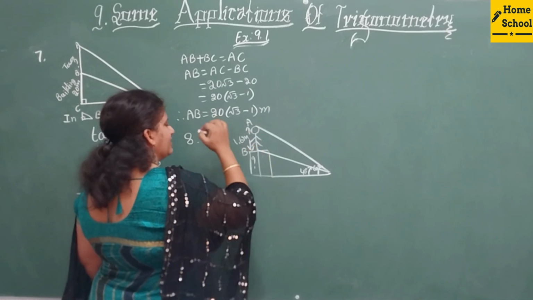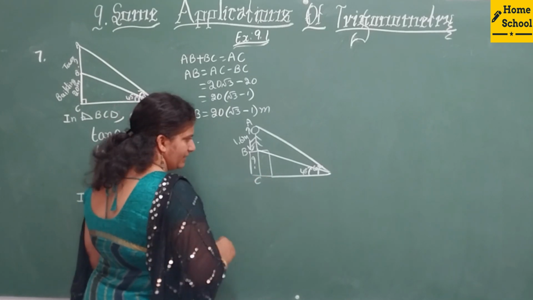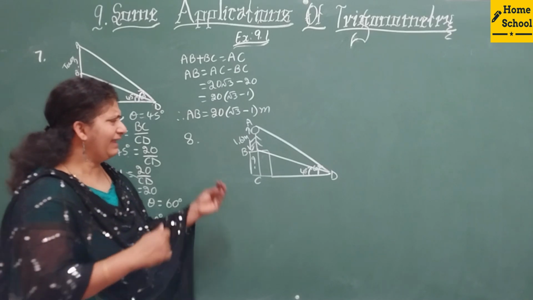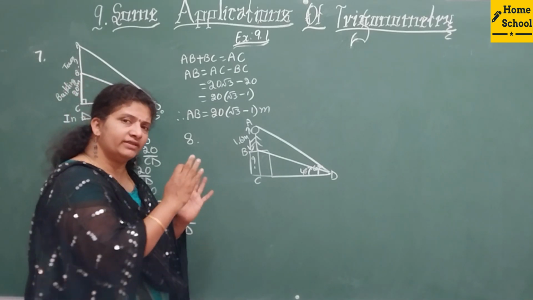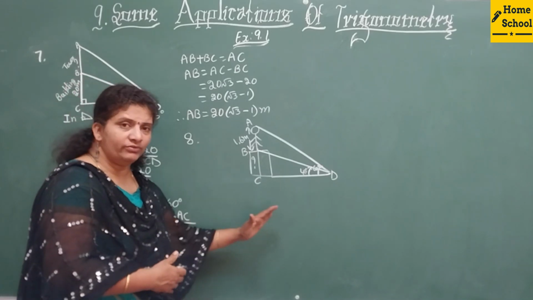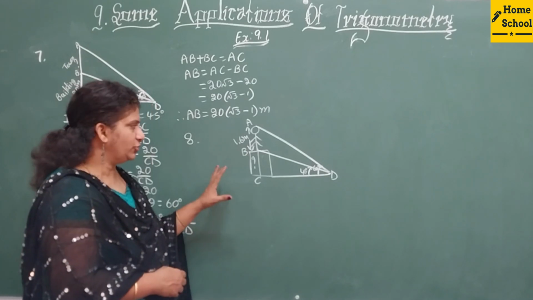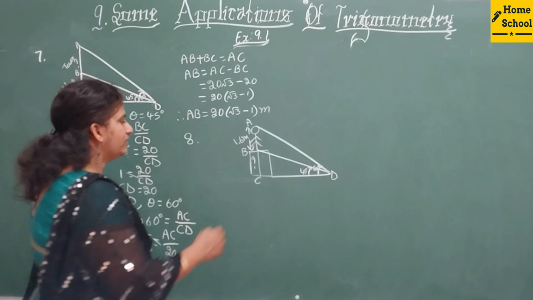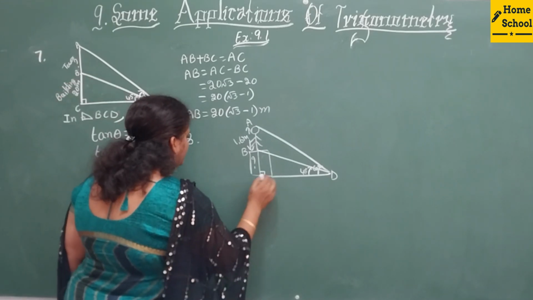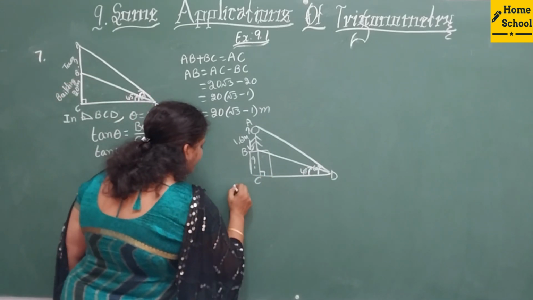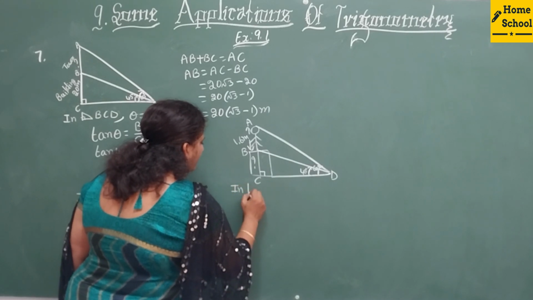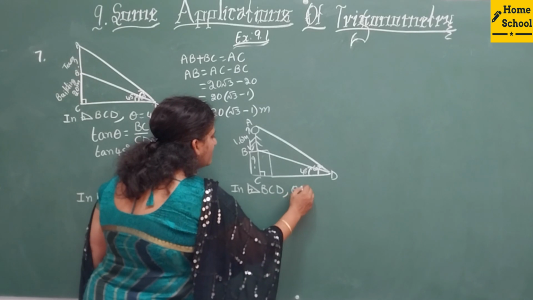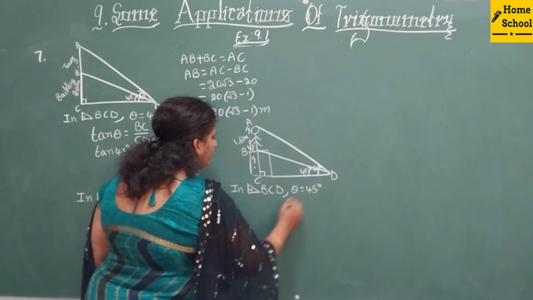So this height you need to find. Let AB be the statue, BC be the pedestal and D be the point on the ground. Any letter you can take, children. Whatever the letter you take, write down their description there. I am assuming AB as a statue, BC as a pedestal. This is perpendicular. Take this right triangle angle given in right triangle BCD. Theta is how much? 45 degree.